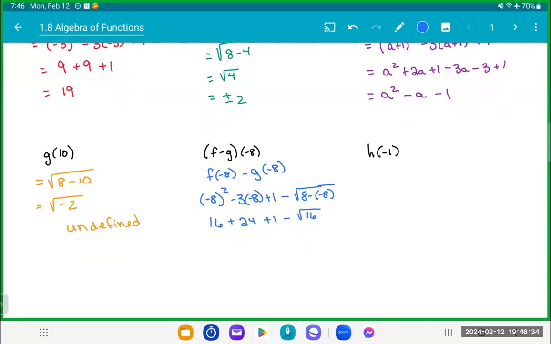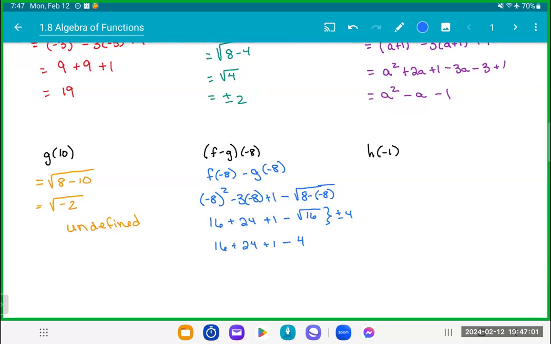In this case, we can just do the positive because it's the radical. We'll just look at the positive of it because this technically could be positive or -4. So that would be 16 plus 24 plus 1 minus 4.